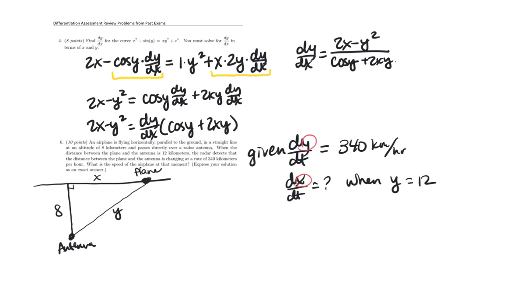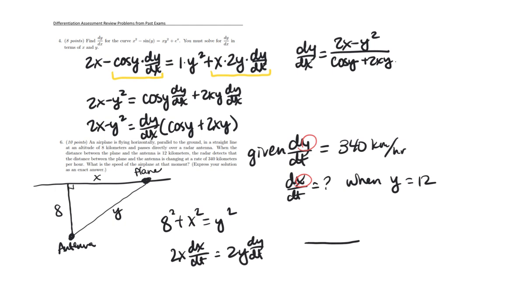I can see it's a right triangle, so I can use the Pythagorean theorem. So I get 8 squared plus x squared equals y squared. I can take the derivative of this implicitly with respect to t. The derivative of 8 squared is just going to be 0, so I'll have 2x dx dt equals 2y dy dt.